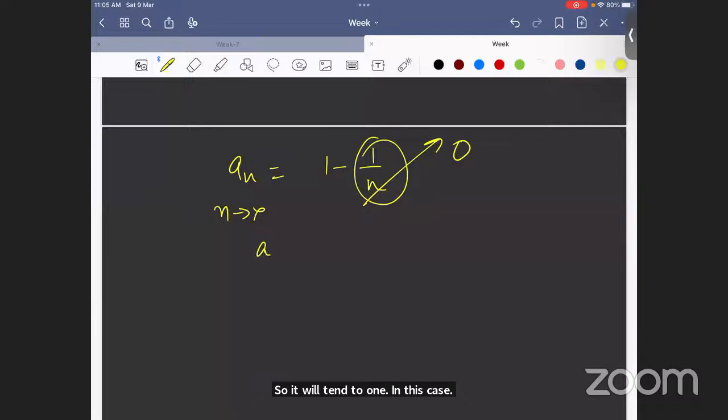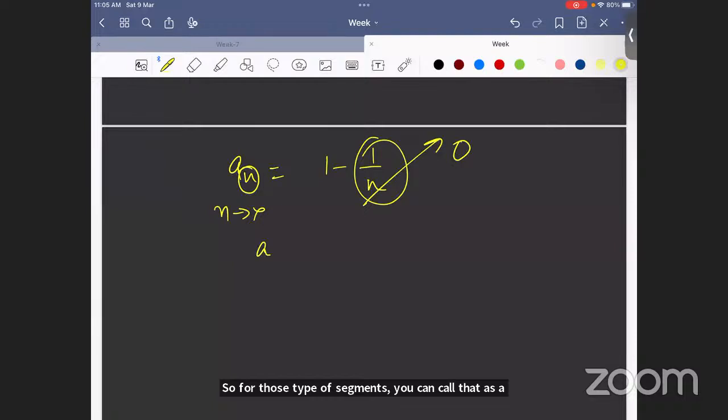So when n tends to infinity and the sequence value tends to some finite value, you can call that a convergent function.